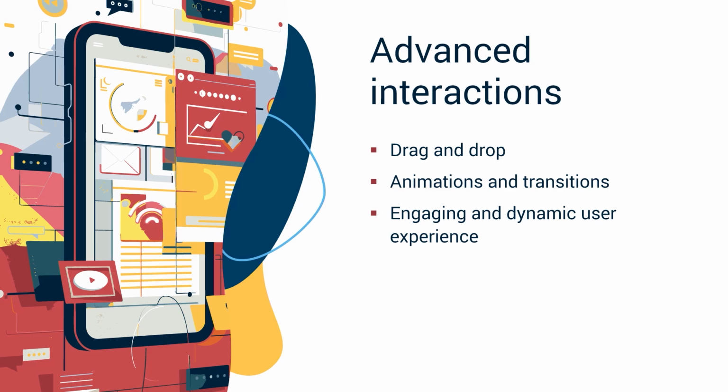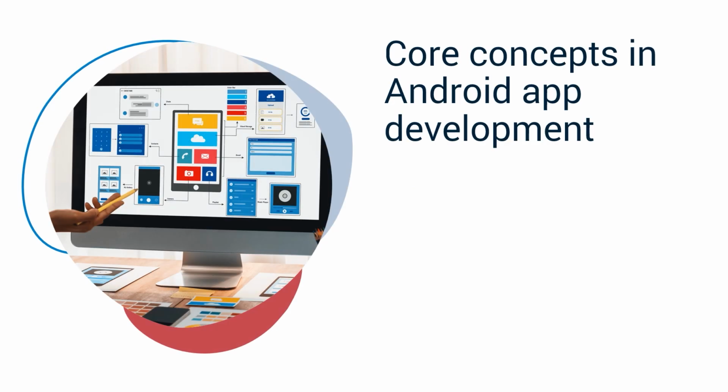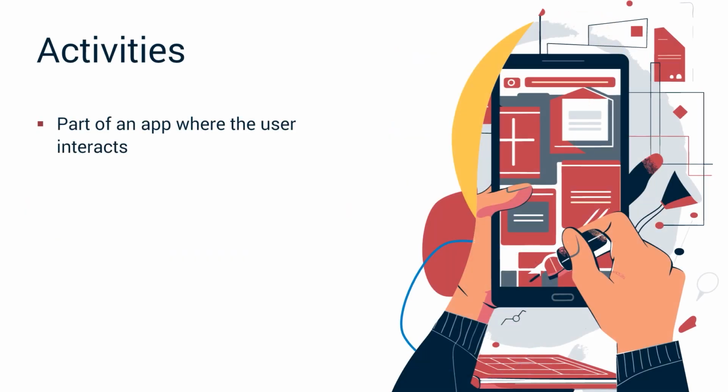Building an engaging and fully functional Android app requires understanding its core concepts. Some of the important concepts are activities, services, and broadcast receivers. Let us learn about these concepts in detail. An activity is the part of an app where the user interacts with it. Each screen in an app is usually an activity.